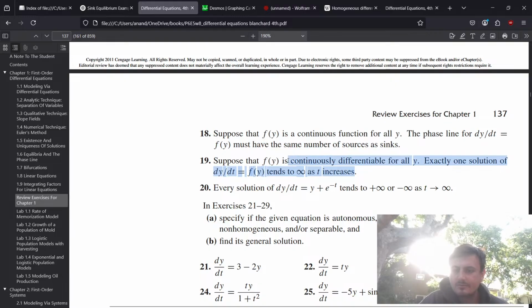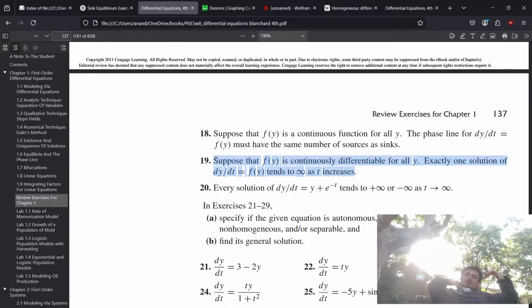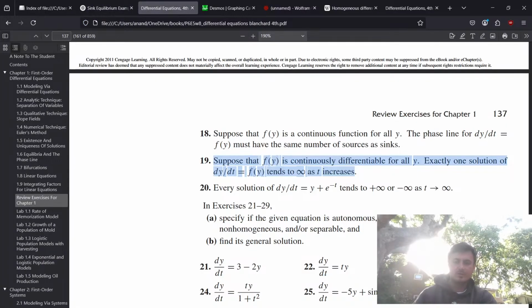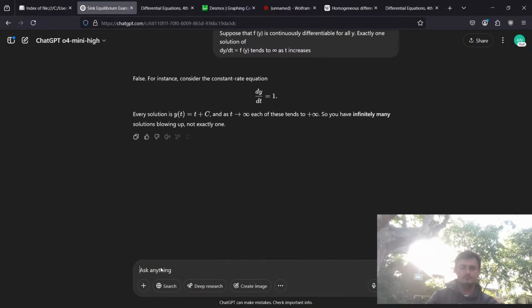Suppose continuous differential for all y exactly one solution. Wait, that doesn't even make sense. I think this is like obviously false. There should be an infinite number of them, right? Well, actually, hold on. What? Yeah.